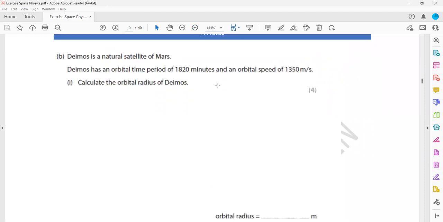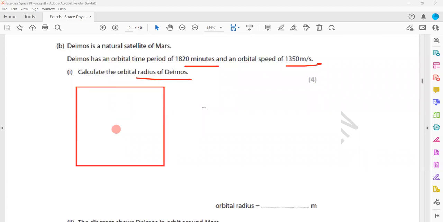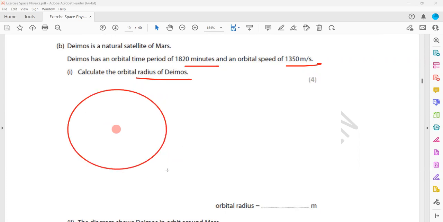Then Deimos is a natural satellite of Mars. The orbital time period is 1,820 minutes with an orbital speed of 1,350 meters per second. You have to calculate the orbital radius. For example, this is the planet Mars, and there's a natural satellite which is moving around Mars.